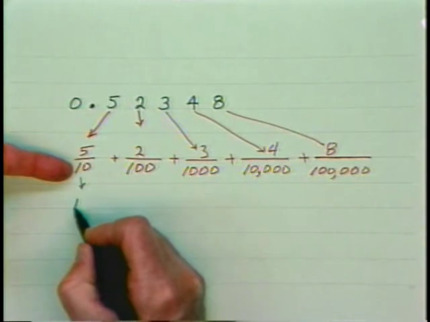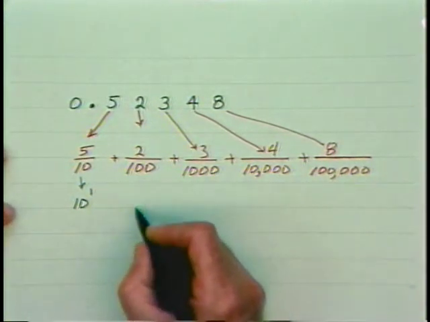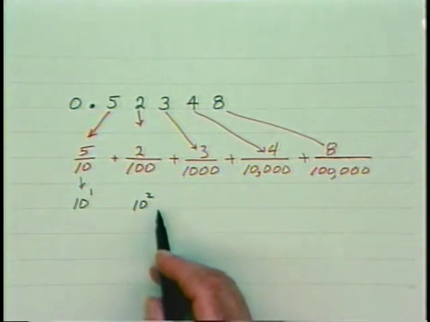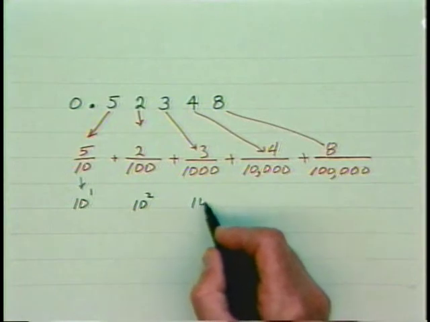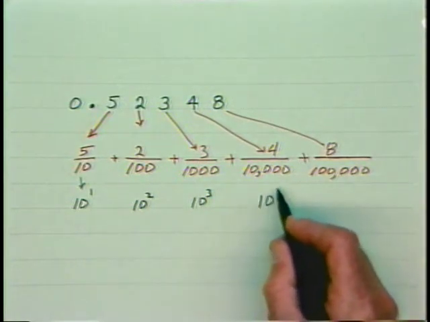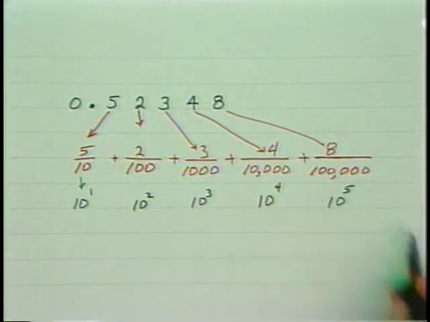This is simply 10, which we said 10 to the first power. This is 10 squared, or 10 to the second power. This is 10 to the third power, or 10 cubed. This is 10 to the fourth power, and this is 10 to the fifth power.